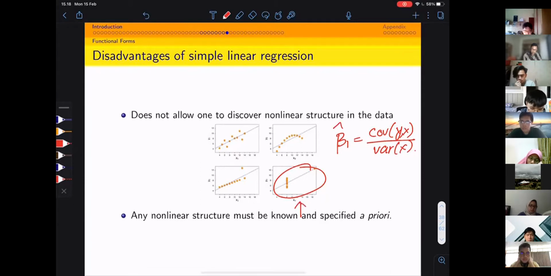In this example, the value of X doesn't really vary, so the variance of X is going to be very low. If the variance of X is very low, then what happens? What happens if you divide something by something that is very small? Then the value of beta 1 is going to get really huge, okay?